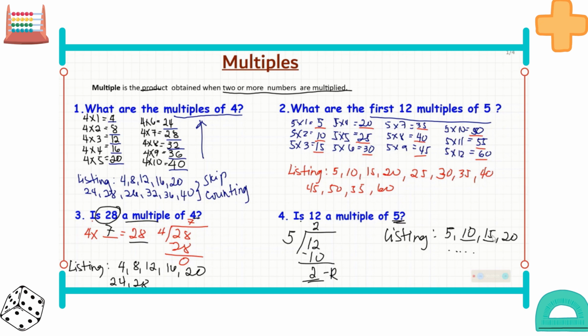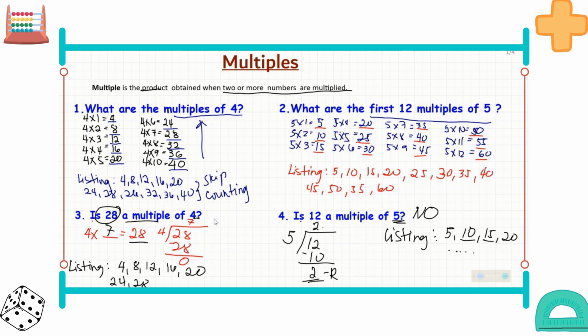Since it's not part of the skip counting by 5, we can say that 12 is not a multiple of 5. So the answer here is no, because 12 is not part of the skip counting by 5, and when you divide it by 5, it gives you a remainder of 2.